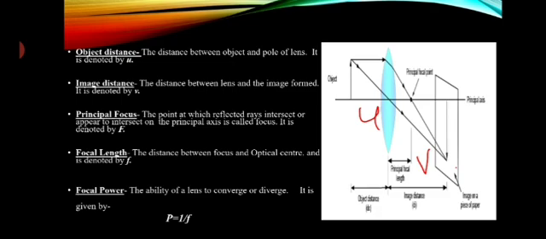Next is focal power. It is nothing but the ability of the lens to converge or diverge, like you use your cameras to zoom in or zoom out. When you zoom in, you basically try to focus the camera over the small details of the object of which you are about to click the image.